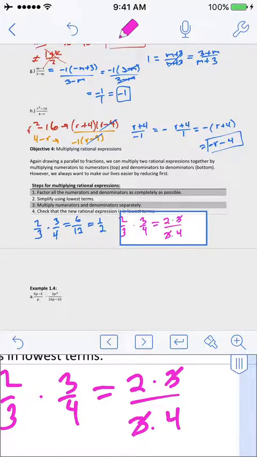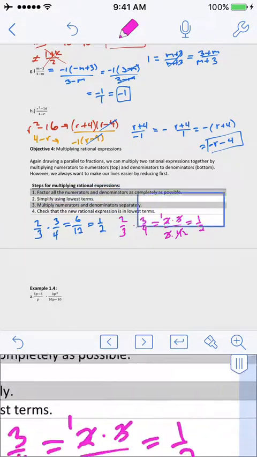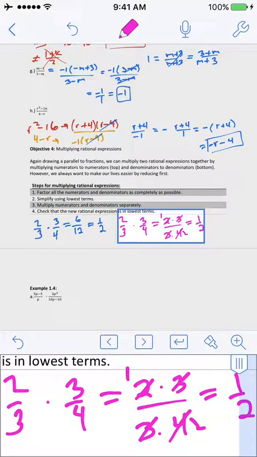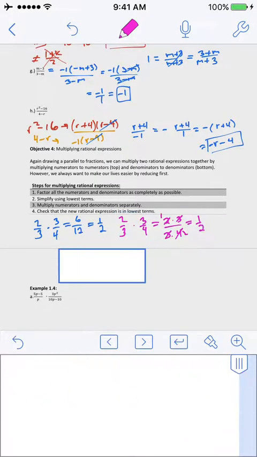Those two 3s cancel away to equal 1, and 2 and 4 cancel. I get a 1 on the top and a 2 on the bottom. And notice I get the same answer, 1/2. Either method is perfectly acceptable, except this pink one is going to help us a lot more and save a lot of time when it comes to multiplying rational expressions, okay? So when variables get involved, you want to go the pink route. You want to start canceling stuff first and then multiply it together, okay?